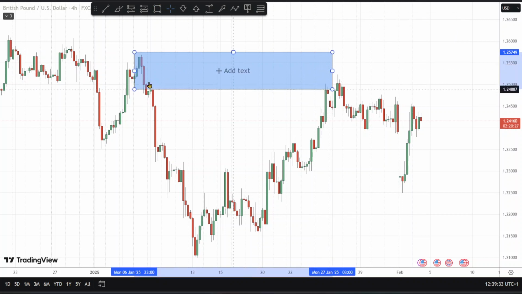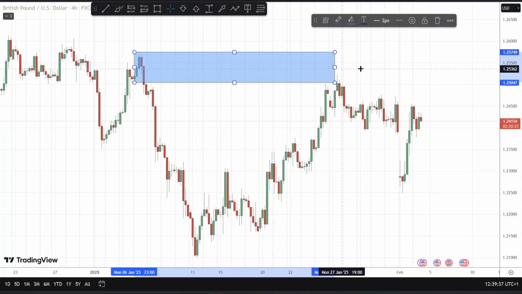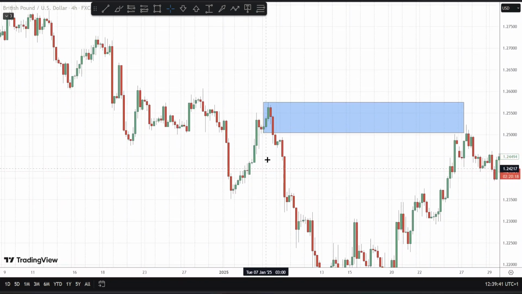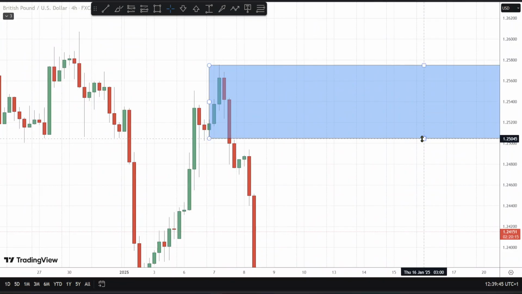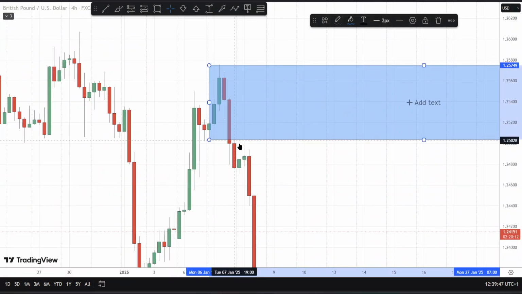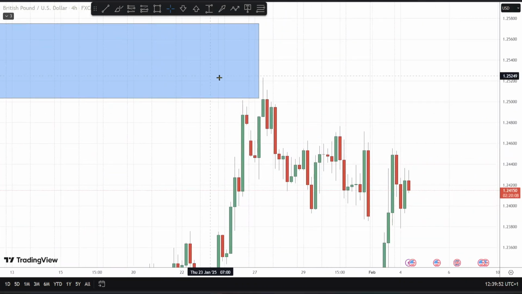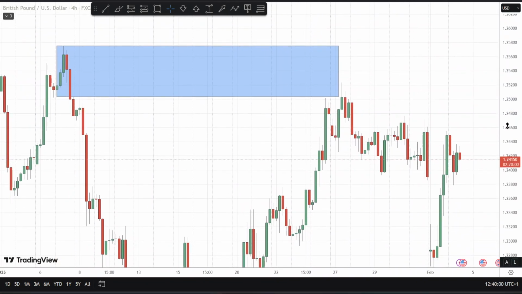So, notice that we come to this point just above it, outline this. I'm very specific about how to outline the things. So it's perfectly aligned, right? Notice that this candle right here, Monday 27, we get to the level and then it is time to find a reason to short it.